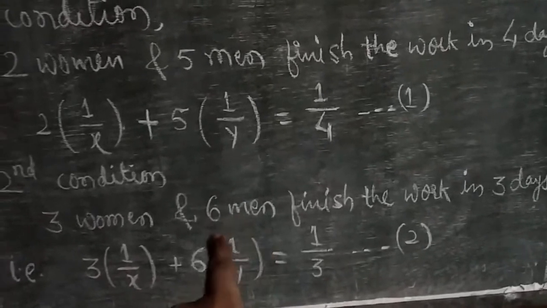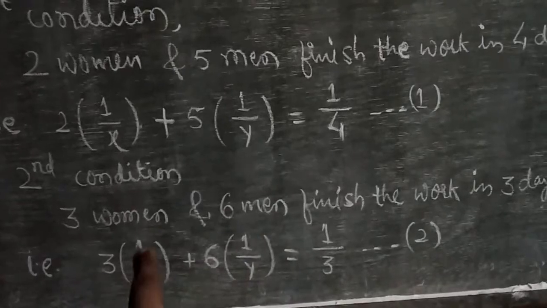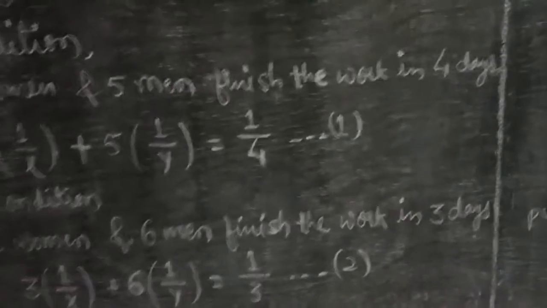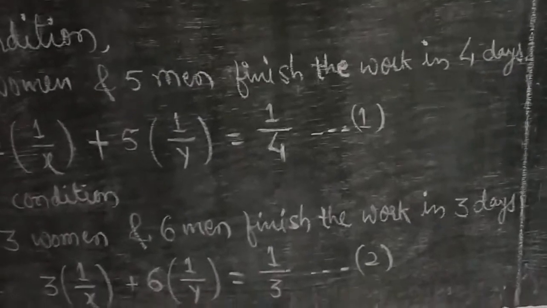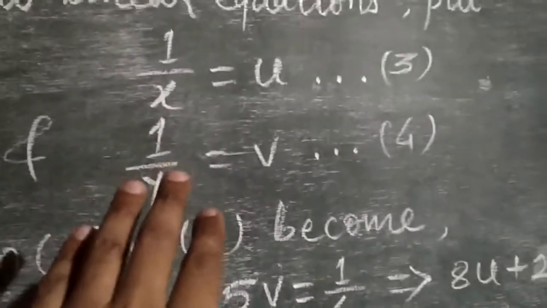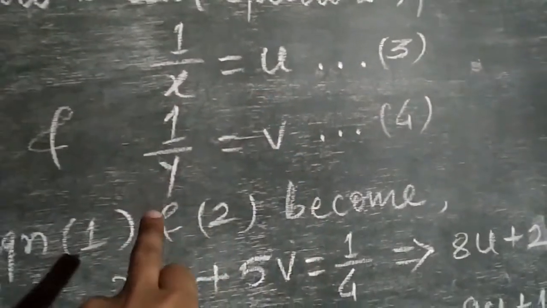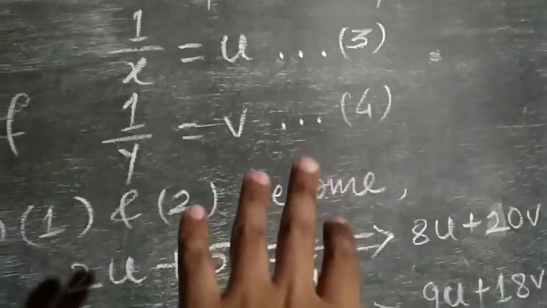So 3 into 1 upon x plus 6 into 1 upon y equal to 1 upon 3. Got it? So these are the two equations we are getting, which are not linear. To convert them into linear form, we will substitute 1 upon x equal to u and 1 upon y equal to v, as equations 3 and 4.